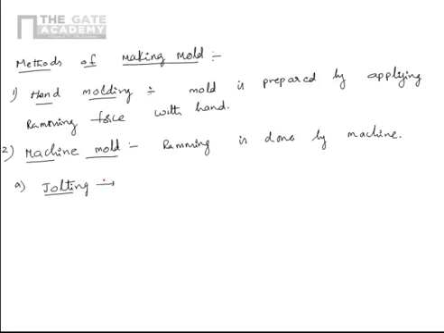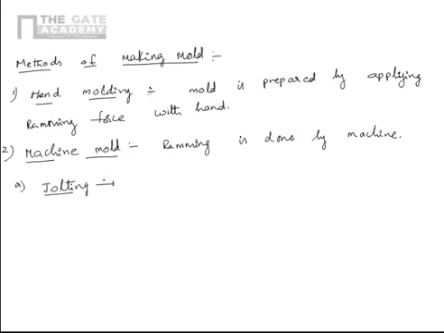In jolting, the force required for the ramming action is obtained from the external force of the machine. This machine molding is used for large size molds. The sand-filled mold is raised to a certain height and dropped onto the ground, then the ramming action takes place.